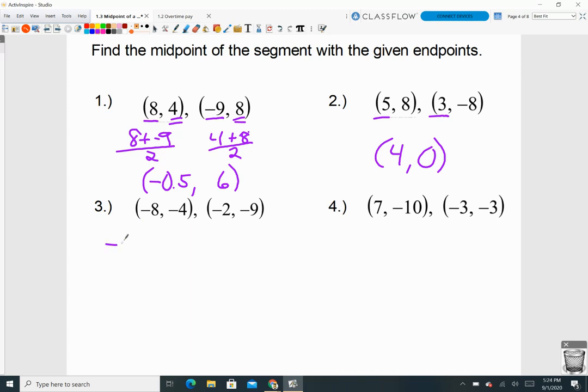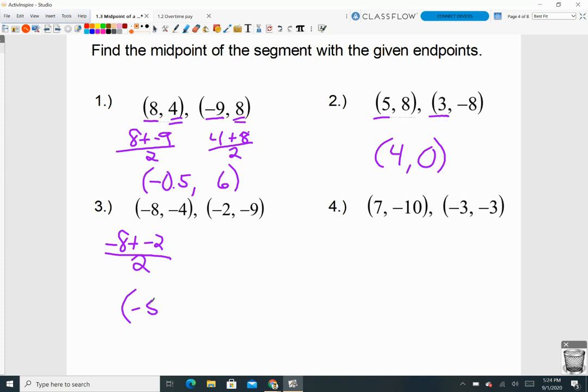Add these up. Negative 8 plus negative 2. My only word of caution is if you're using a calculator, negative 8 plus negative 2, hit equals before you divide it by 2. If you don't hit that equals button before you hit divided by 2, you will miscalculate these. So negative 8 plus negative 2 is negative 10 divided by 2.